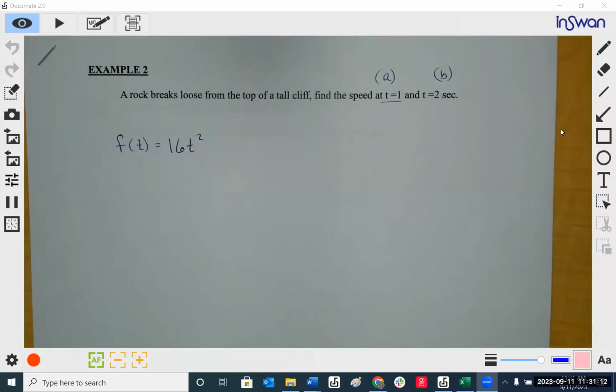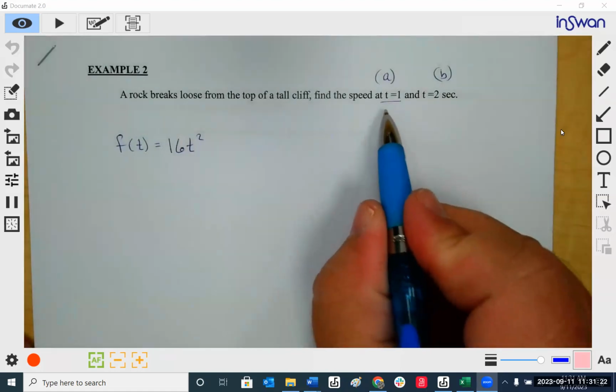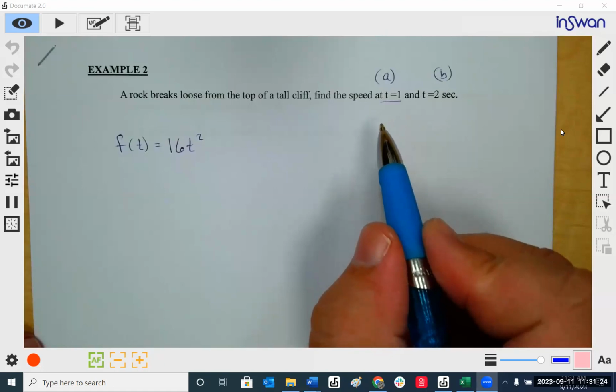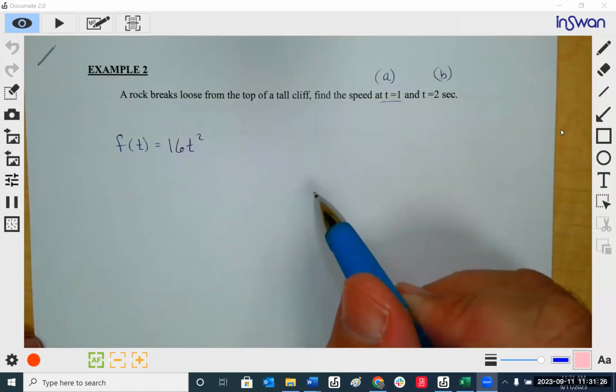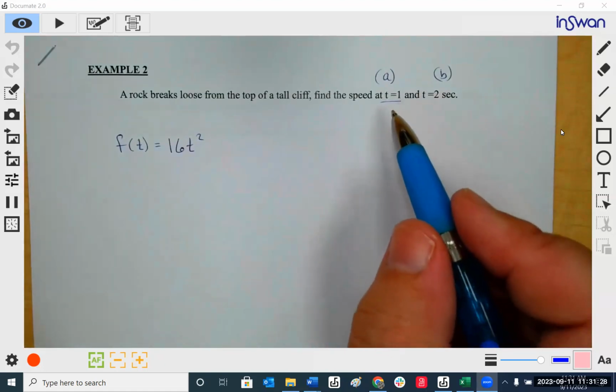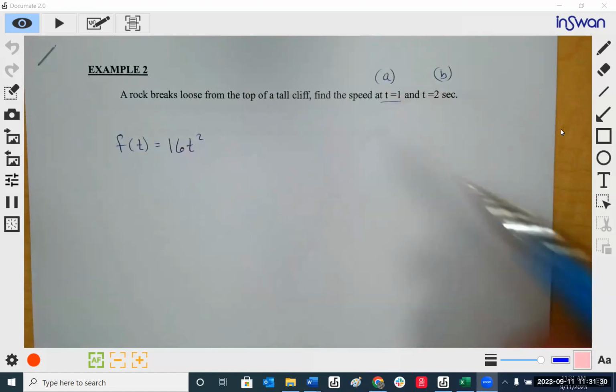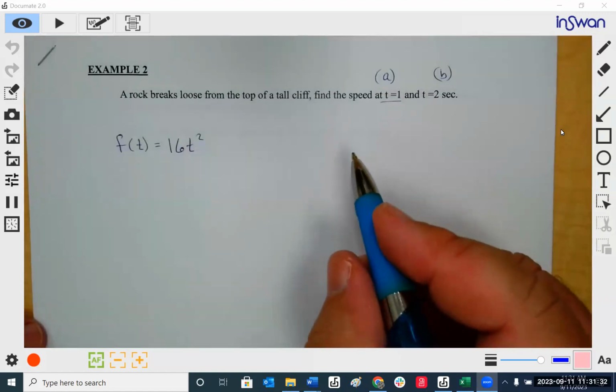So T1 is going to be, so H equals 1. Are we finding the average speed or instantaneous speed? Instantaneous, which starts off as the average speed. The same formula, but we use H in the bottom instead.